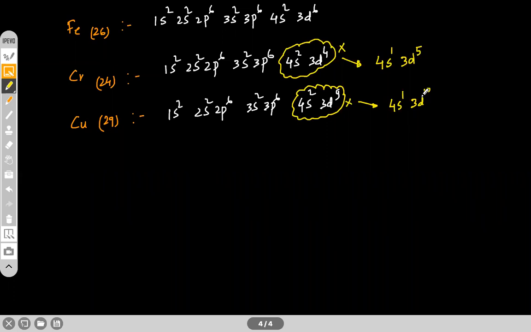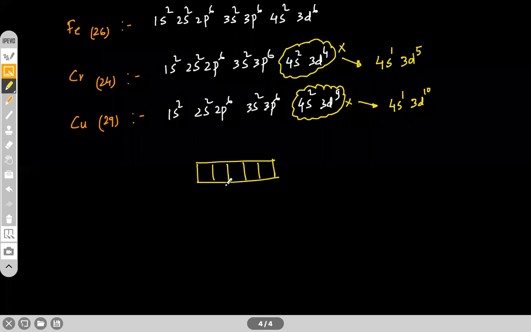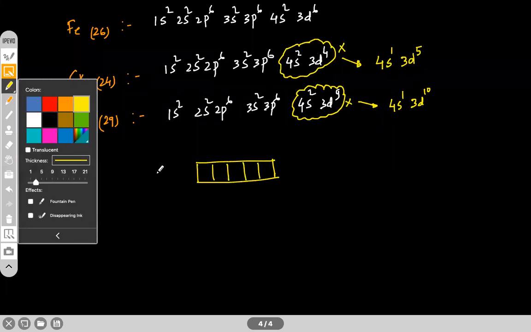Okay. So the next question is, why does this happen, right? The reason is, you see the 3d subshell has 5 orbitals, 1, 2, 3, 4, and 5. And if you write down the orbital configuration, this is 4s and this is 3d.